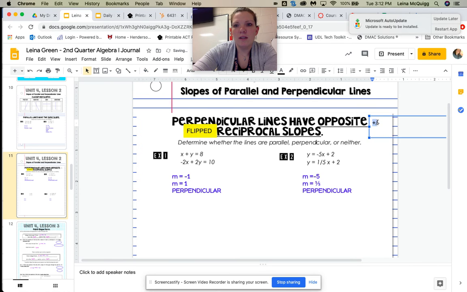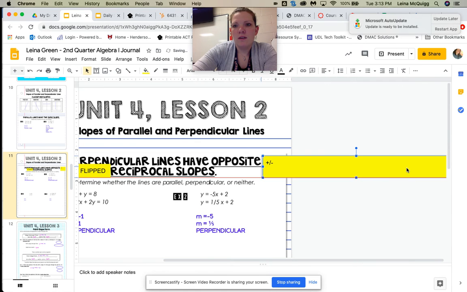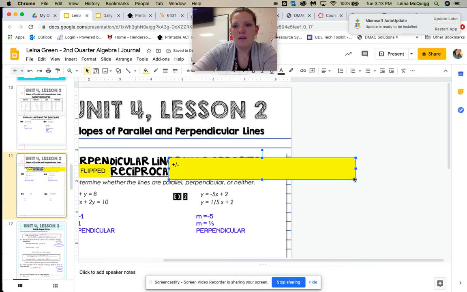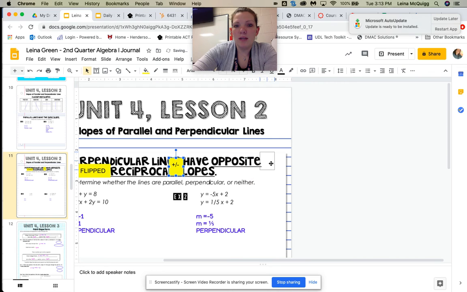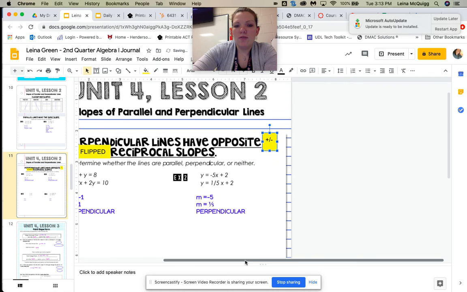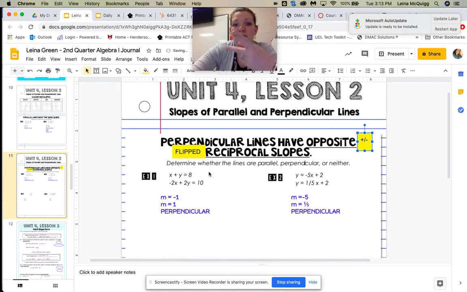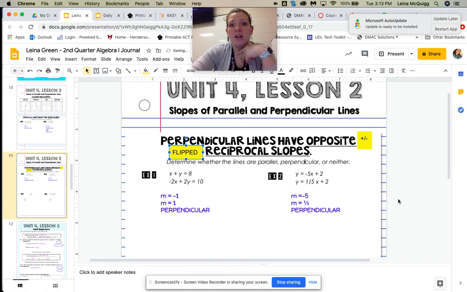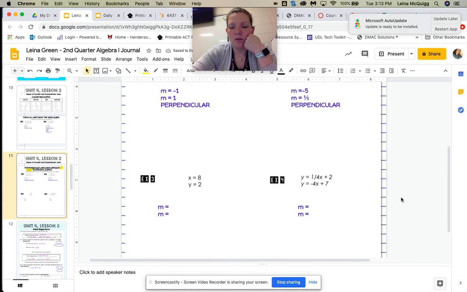Yeah, there we go. That makes it stand out. So opposite means one has to be positive, the other negative. And reciprocal means the number has been flipped. When we write it as a fraction, did we flip the fraction? That's what we're looking for.